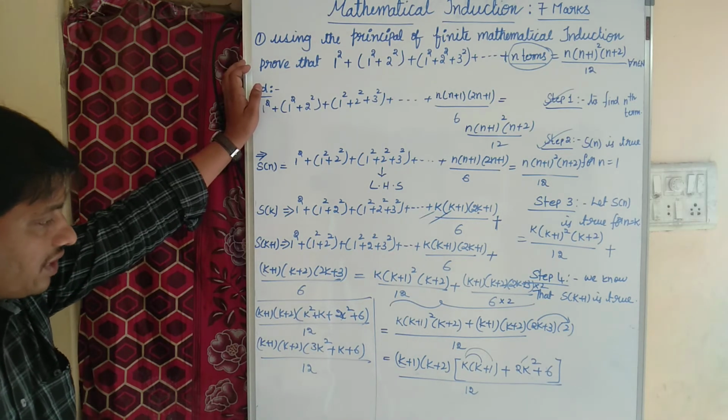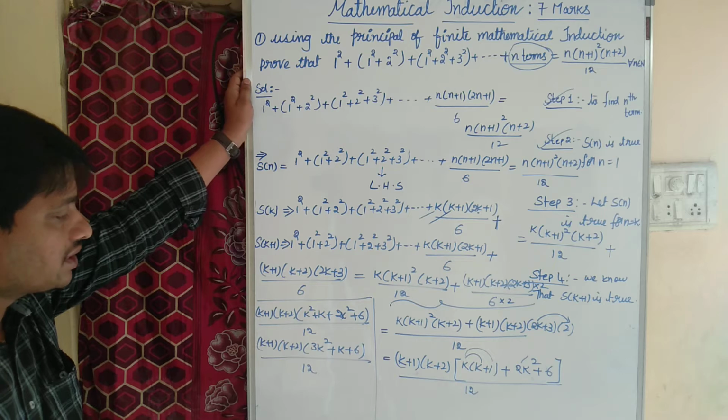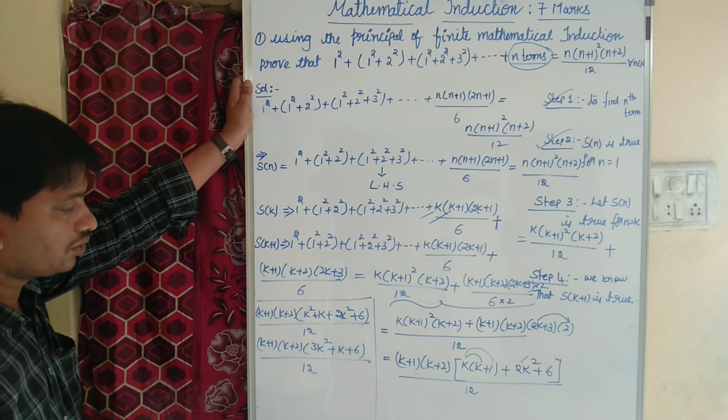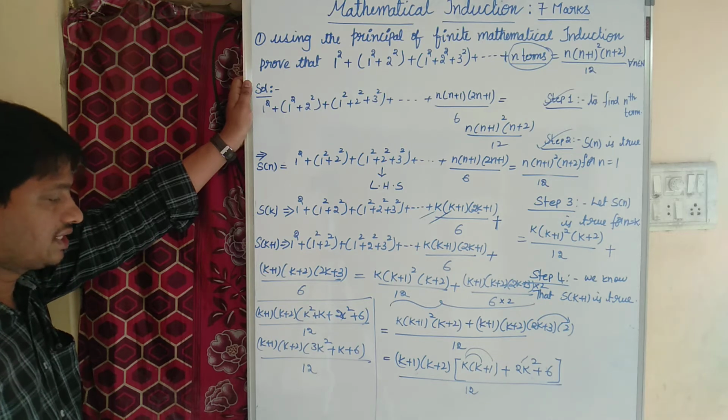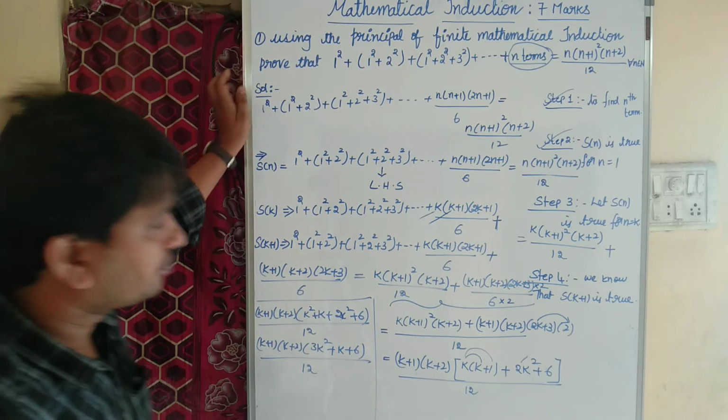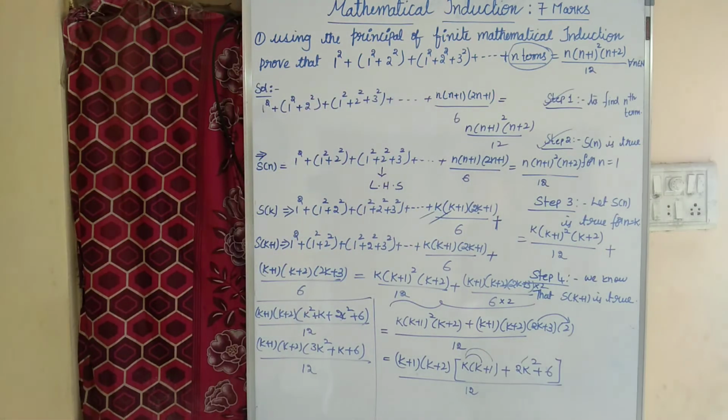So we got 3k square plus k plus 6, right? Factors of 18: 9 twos are 18, 6 threes are 18. So can we still take anything common, students? Let us see what we can take common.